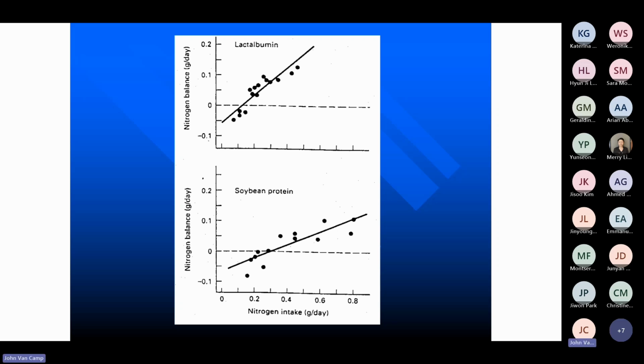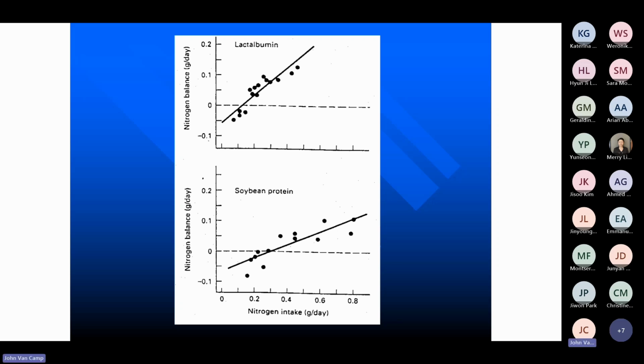So it means that lactalbumin is a high quality protein and soybean protein is a lower quality protein, because you need more protein to get balance equal to 0. Here you need less protein to get balance equal to 0.